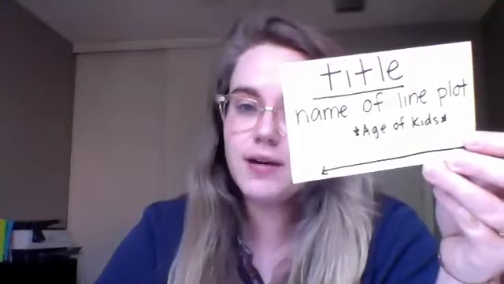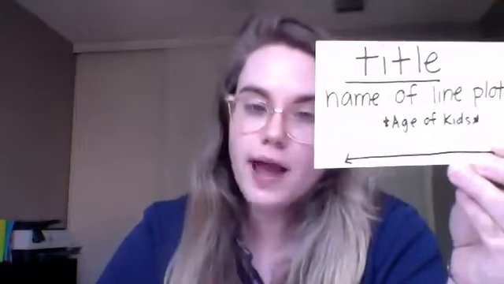Now the next thing that we need to do is put the title, the name of the line plot, right? And what do we always do with the title of a story, of a graph? Star it. So, for the title, I was thinking age of kids. That would probably be the best title because that's what we care about.